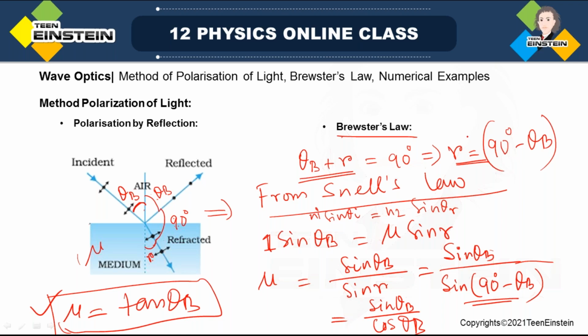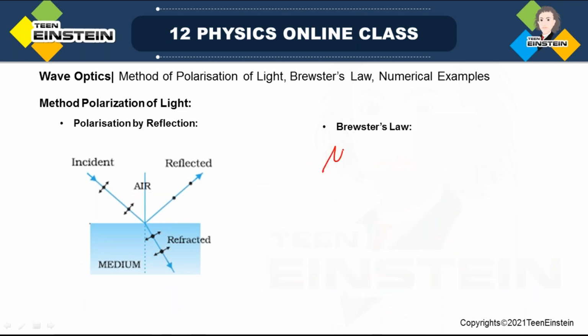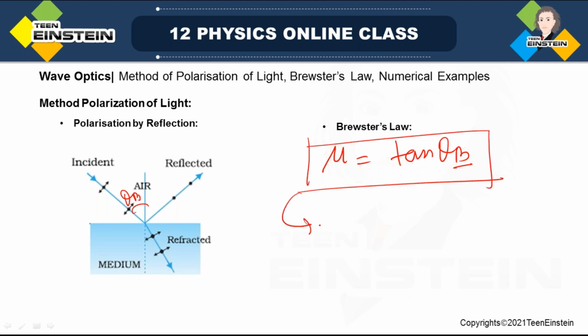From there, using this, we got mu is equal to tan theta b, if the angle of incidence is theta b. This theta b is called the angle of polarization or Brewster's angle, and this particular equation is known as Brewster's law.